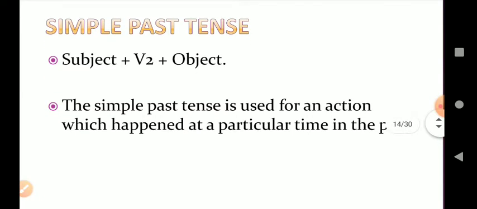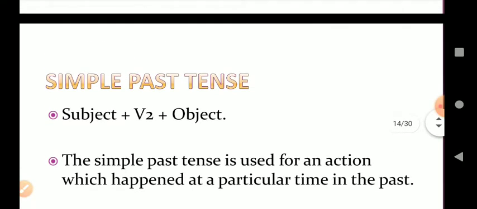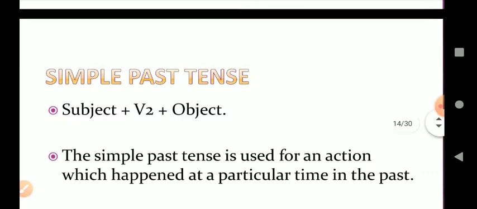Now second, we have studied tenses, and the second tense is past tense. Past tense also has 4 subtypes, and in those 4 subtypes, first there is simple past tense. What is the rule of simple past? Subject plus v2 plus object.